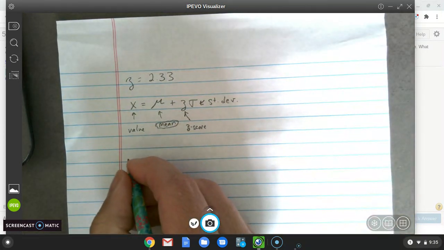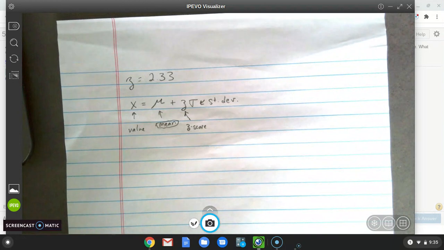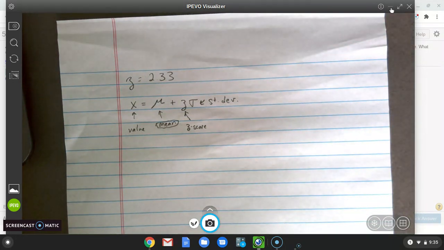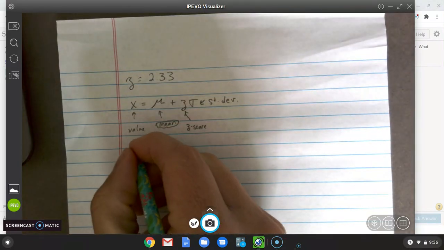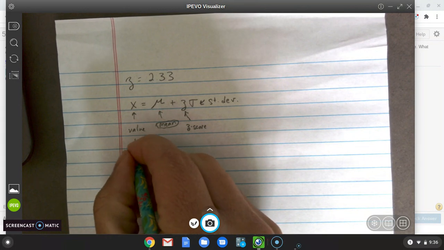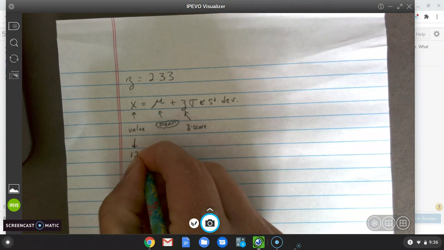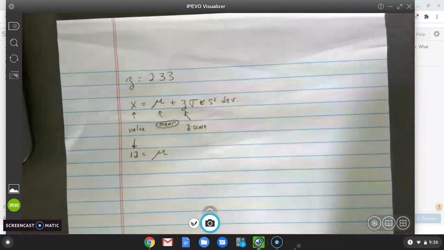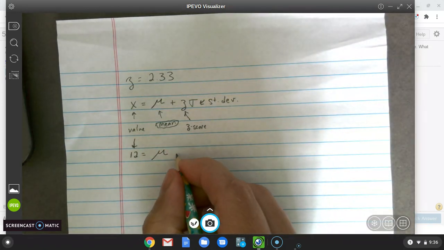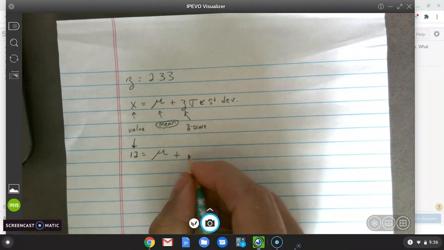So let's plug in the information that we know. The individual value in this problem, I believe it said that we have a 12-ounce cup. Yep, there it is, 12-ounce cup. So following the formula, 12 equals the mean, that's what we're trying to find out. We don't know what that is, so we'll just represent that with the Greek letter mu, plus the z-score.